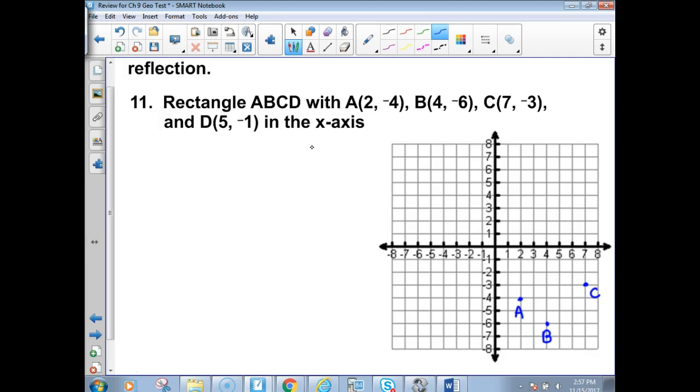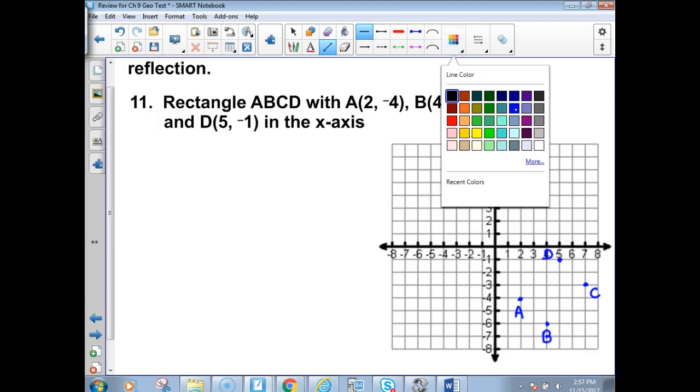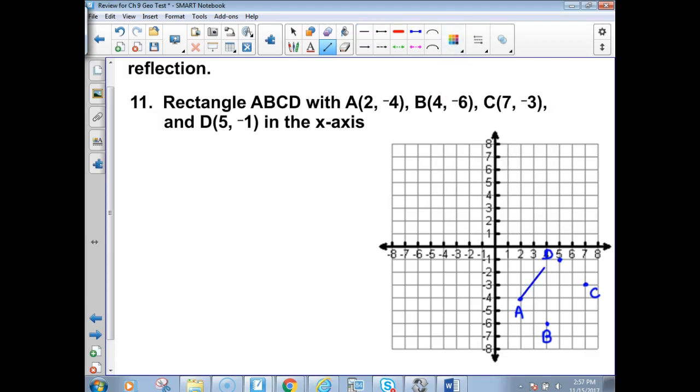To make sure you continue reading, there is another point D at 5, -1. So we're going to obviously be making something four-sided. Go ahead and draw it. Looks like it's probably a rectangle.